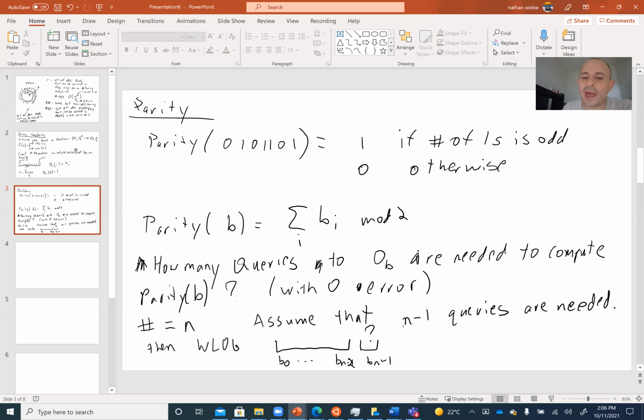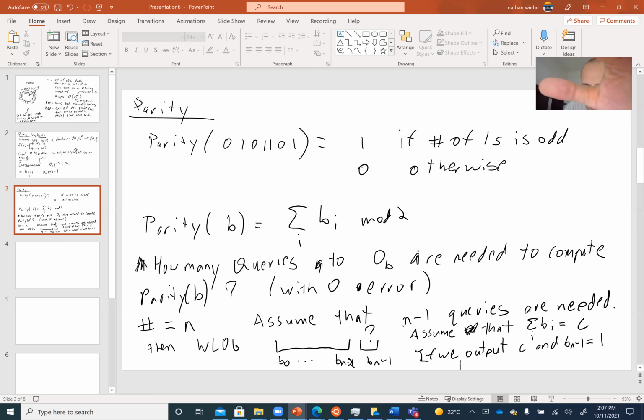Okay, so we have to give an output for this. Assume that the sum over i of B_i is equal to, I don't know, let's call it C. Now, if we output C and B_{n-1} is equal to 1, then we're wrong.